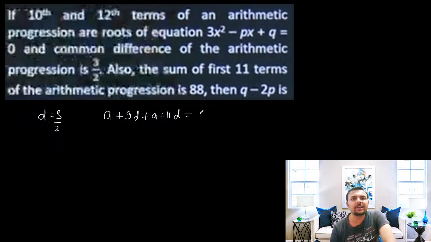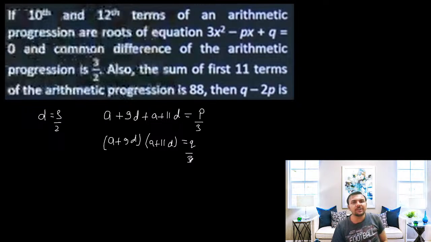So the sum of the roots is p by 3, and the product of the roots is q by 3. We know d.